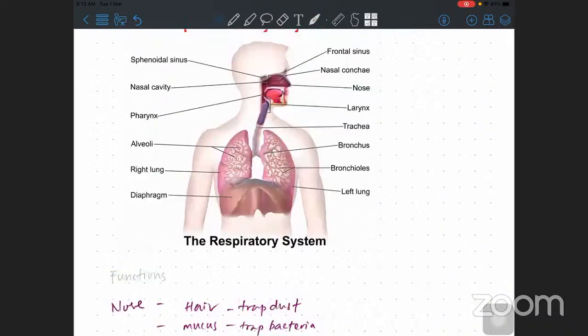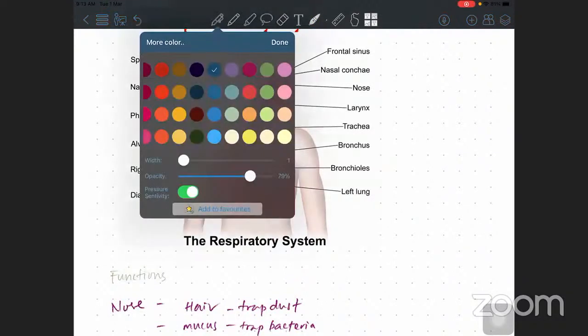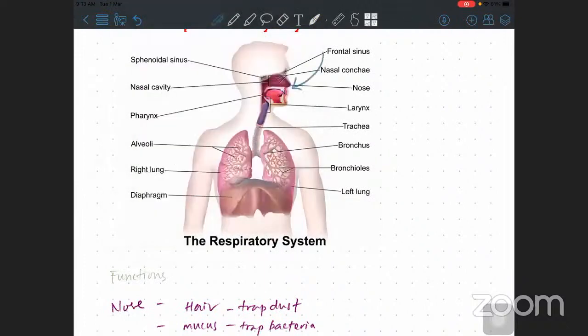That means the air goes from here into the lung. And the capillary around the alveoli will bring all the blood to our cells.